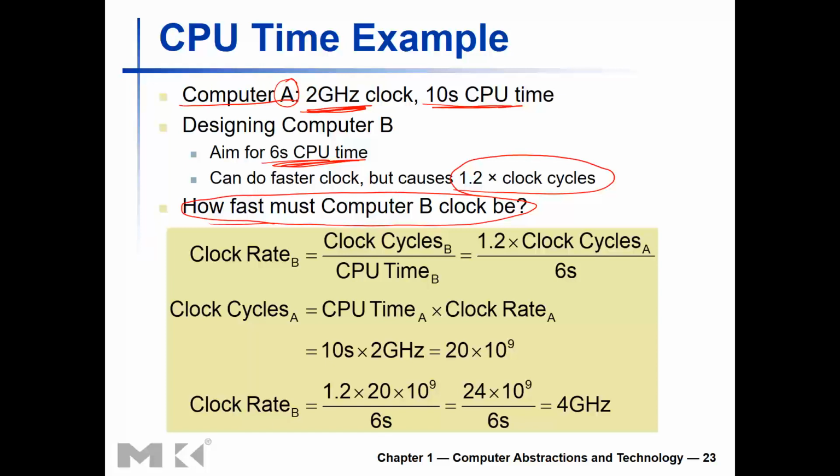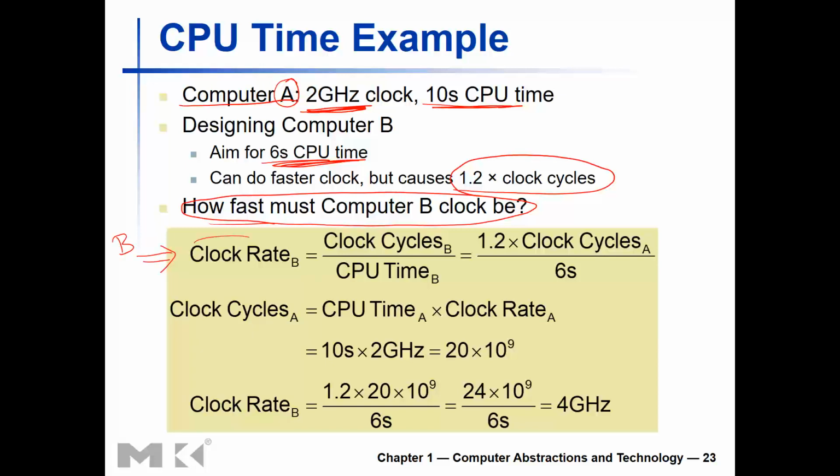Okay, so you can see that for computer B we apply the formula. The CPU time equals the clock cycles divided by the clock rate for computer B. All right, but we rearrange the terms.